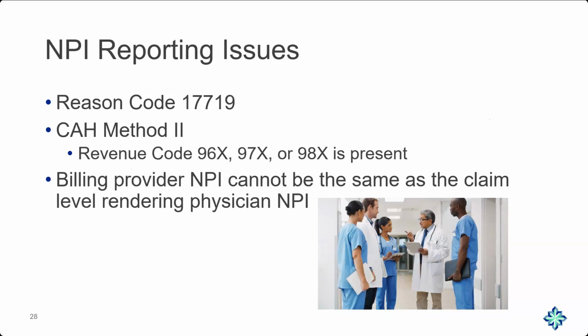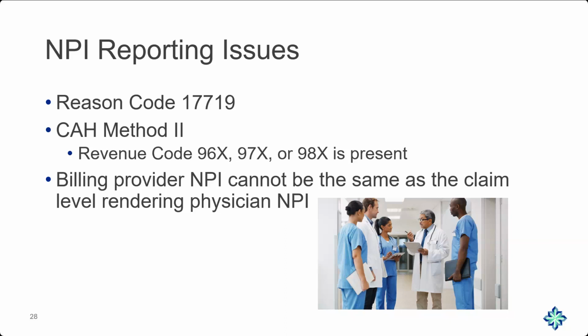Our last category of errors that we have for you today is reason code 17719. This edit occurs on critical access hospital method 2 claims that include the professional charges. Medicare systems reject institutional claims where the billing provider and the rendering physician are reported with the exact same national provider identifier known as the NPI.